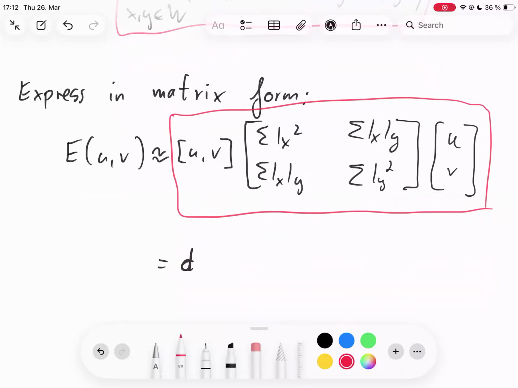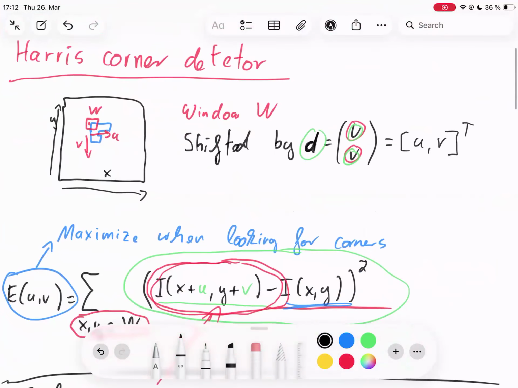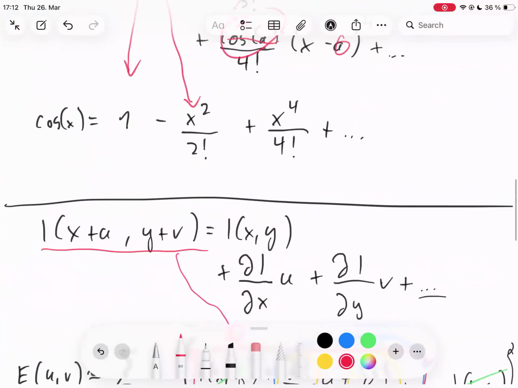this here is just our vector d, but transposed. Well, I'll put the transpose in black. Because at the very beginning, we introduced our vector d, and we said it's a column vector uv, or a transposed row vector.